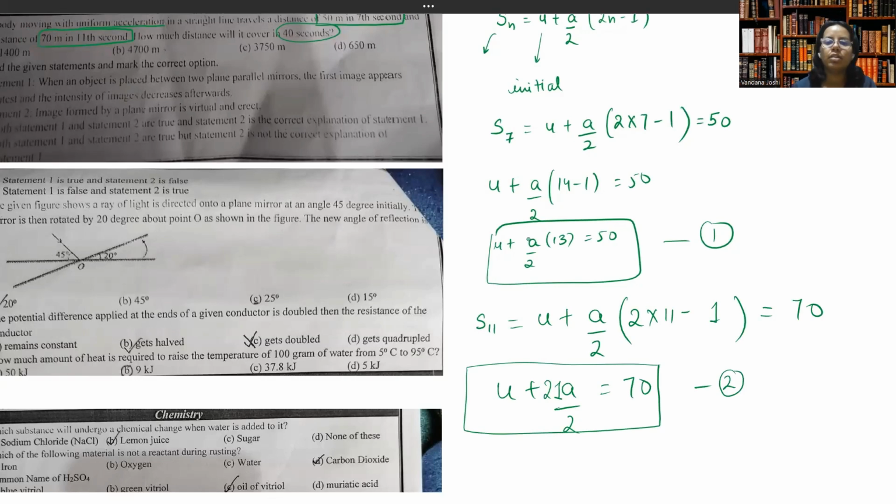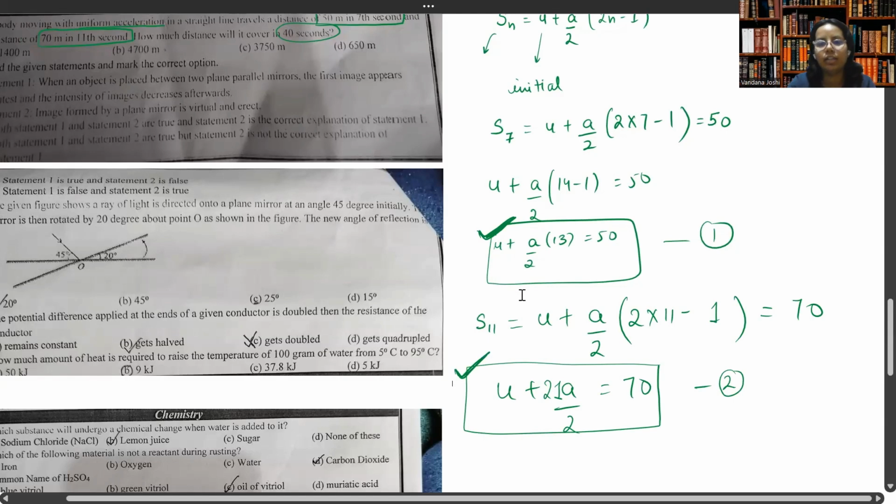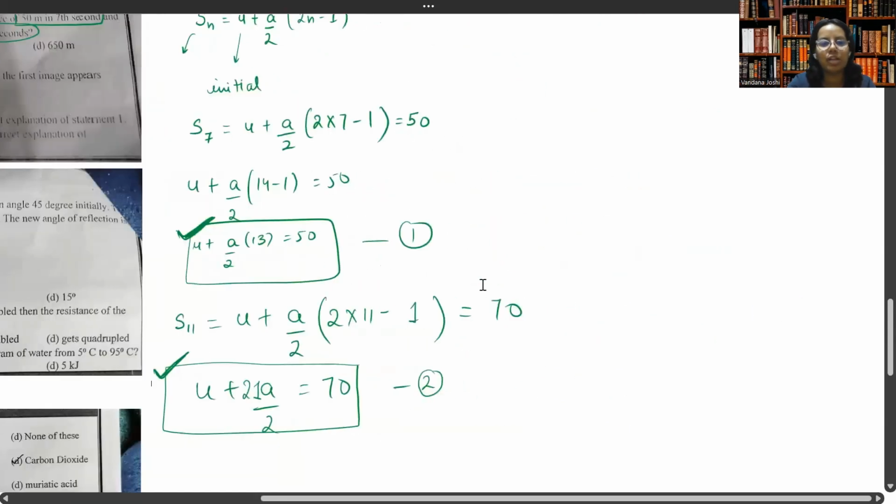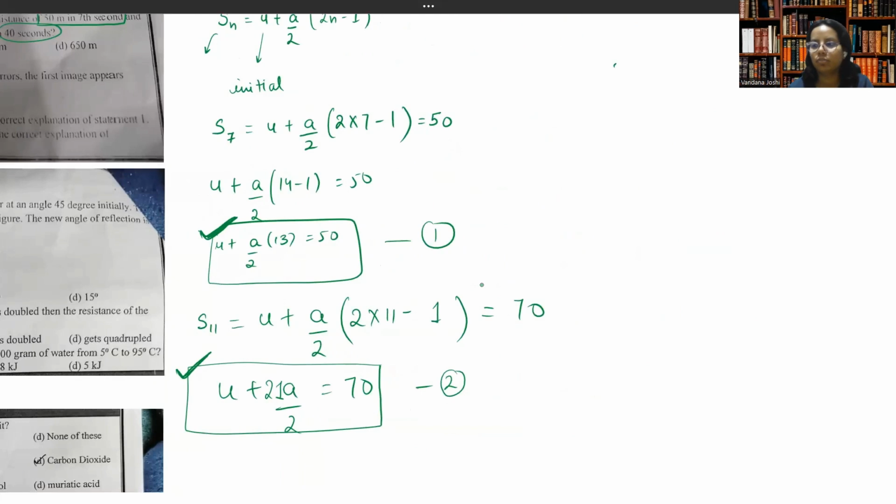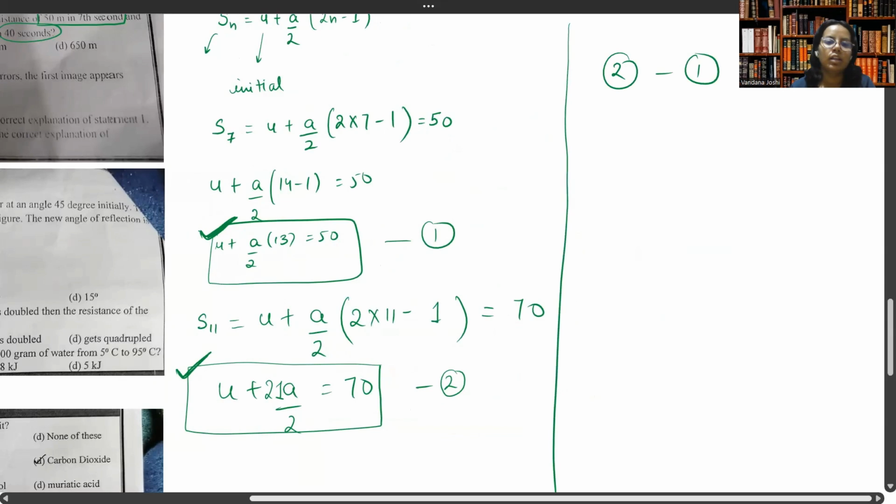Now I want to find out the value of these variables. So I have two variables and I have two equations. So it becomes easier for me to calculate. What I'm going to do is subtract 1 from 2. So 2 minus 1. Okay, so u being subtracted with u, it will cancel out. Then I have 21 a over 2 minus 13 a over 2 equals 70 minus 50.